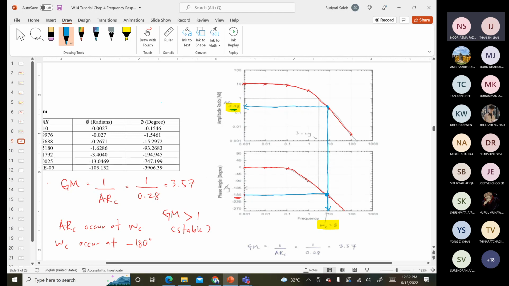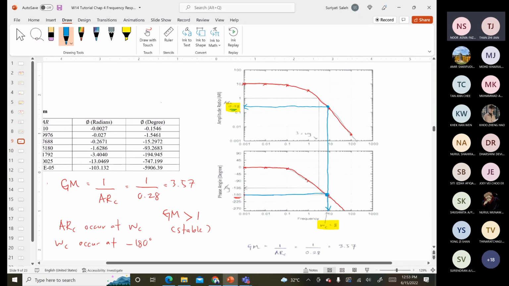So here we want to find what is our ARC. You draw the line upwards until it reaches the amplitude ratio line, and then you take a look at what is the value corresponding to this intersection. For my example, the ARC indicates 0.28.